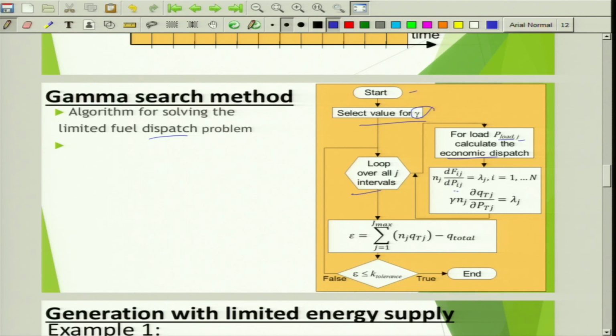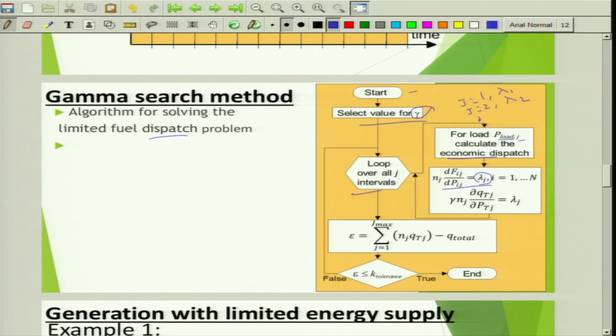What you get is Nj dfij by dpj equal to lambda. Because gamma is already fixed, you get a lambda here. You get lambda for all the j intervals, right? For one specific interval there is one lambda: for j equal to 1 you have one lambda, for j equal to 2 you have another, lambda 1, lambda 2, like that.